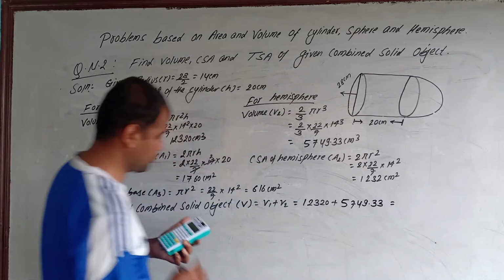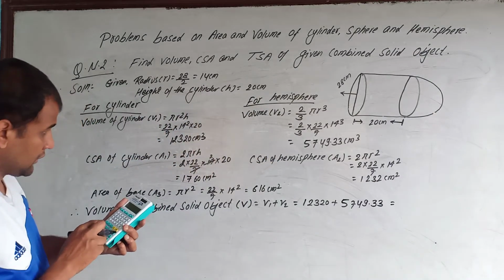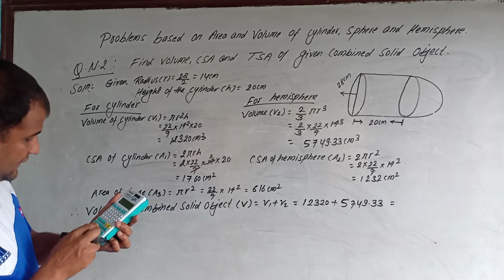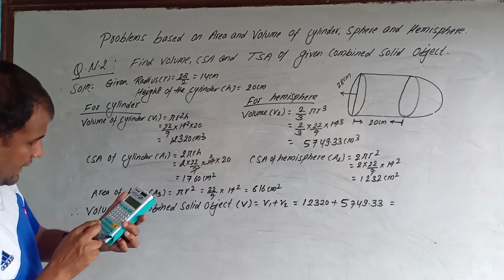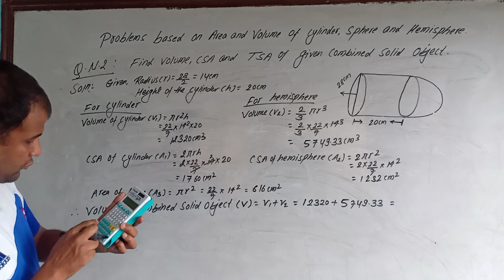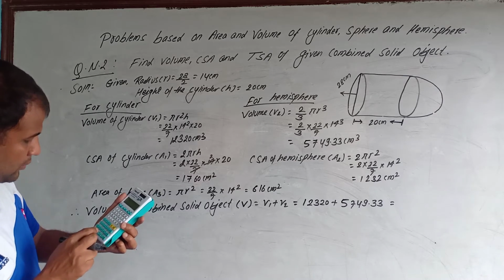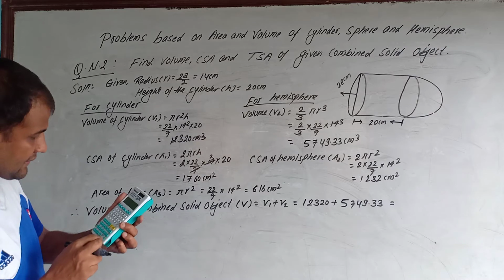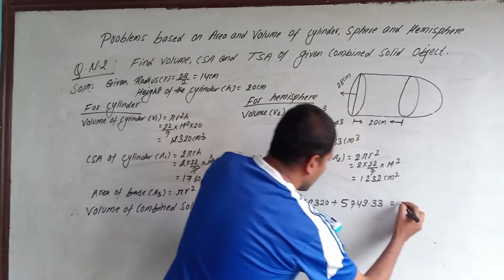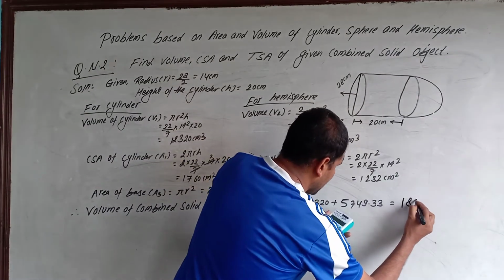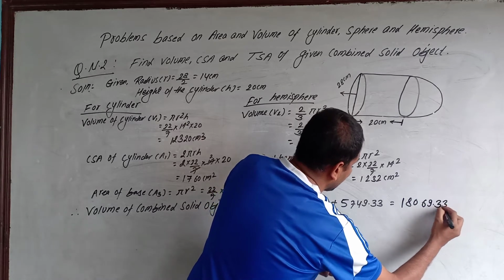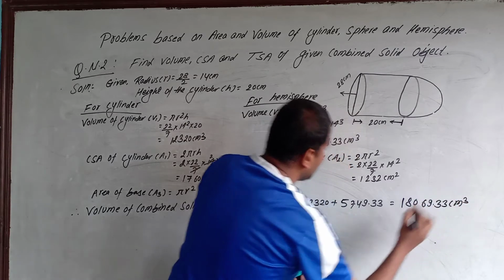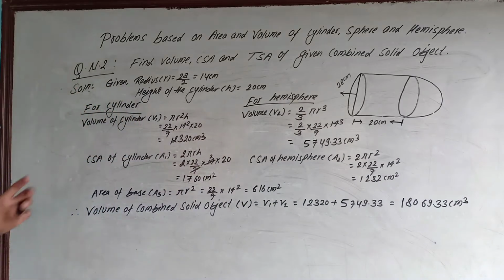That is equal to 12320 plus 5749.33, that is equal to 18069.33 centimeter cube, is the volume of the combined solid object.